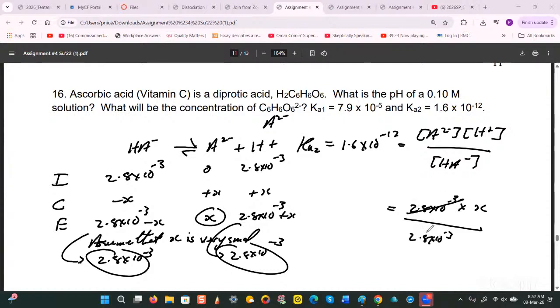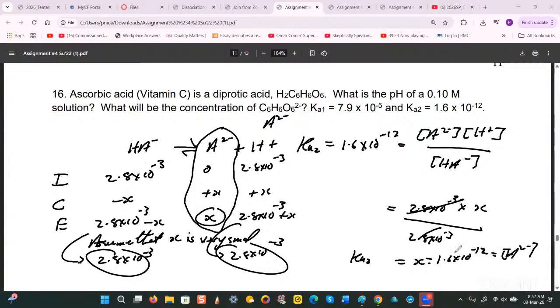And these two will cancel out. So therefore, Ka2 would be equal to X, which would be equal to 1.6 times 10 to the minus 12, which would be equal to the concentration of A2 minus. And that's it. That's how we get that answer. All right?